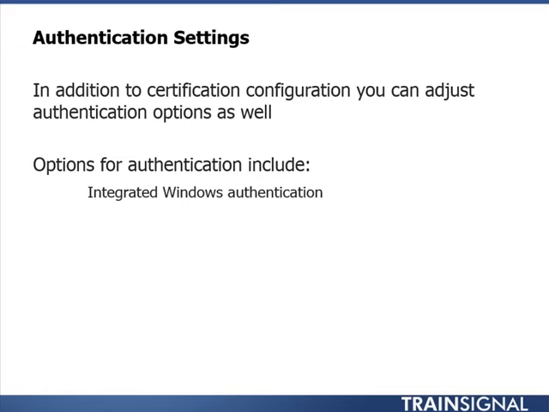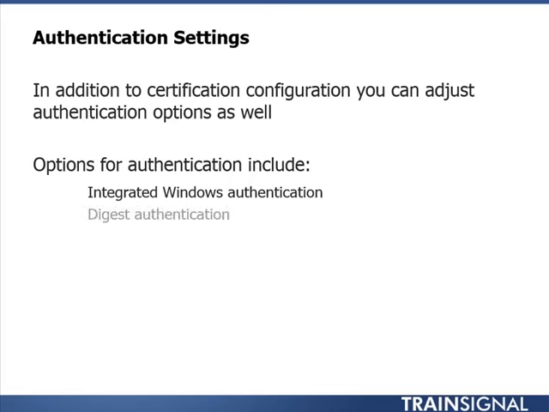And so you might use, let's say, forms-based authentication for the external facing or outward facing Outlook Web App server. But on your internal CAS servers, you want to configure those to allow for integrated Windows authentication. We'll talk more about that in a moment.